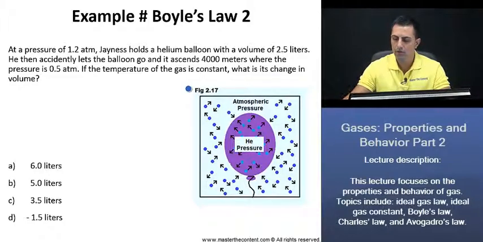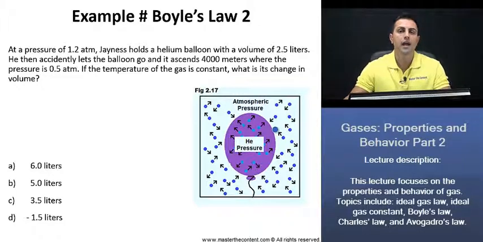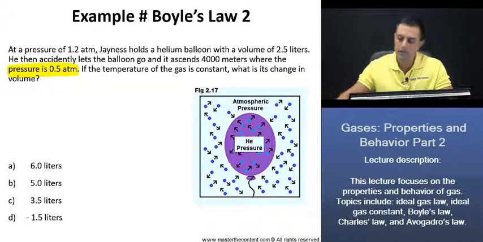Looking here at figure 2.17, initially, since the volume does not change, we know that there's going to be a constant balance between the internal pressure here of the helium gas inside the balloon, right, and the atmospheric pressure. Thus, we can say the internal and external forces are going to be balanced. Now, as the balloon ascends 4,000 meters, it's telling us here that the pressure is going to be 0.5 atmospheres, thus the pressure decreased.